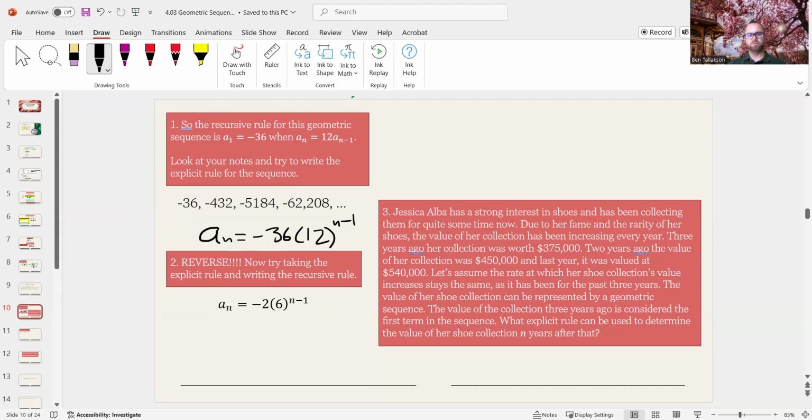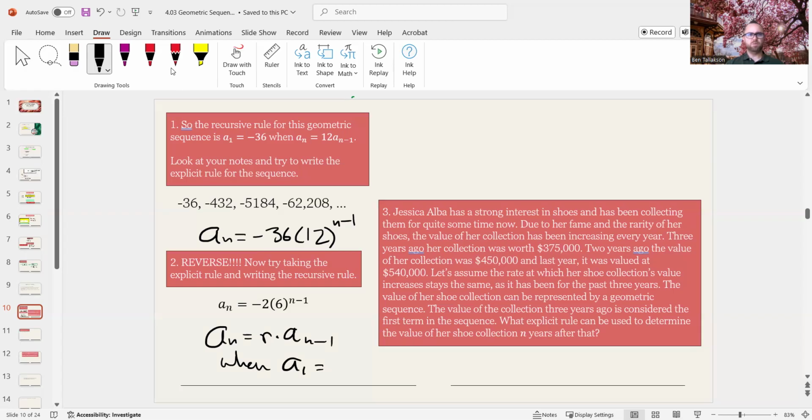Different question. Well, what do they want? Write the recursive rule. The recursive rule is a sub n equals r times a sub n minus 1 when a sub 1 is whatever a sub 1 is.